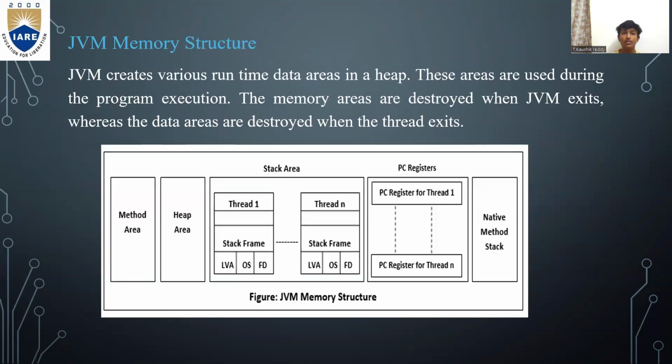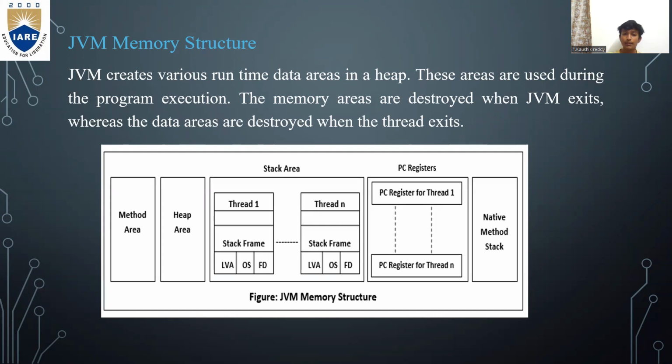Next, let's first learn about the JVM memory structure in Java. JVM creates various runtime data areas in heap. These areas are used during the program execution. The memory areas are destroyed when JVM exits, whereas the data areas are destroyed when the thread exits.